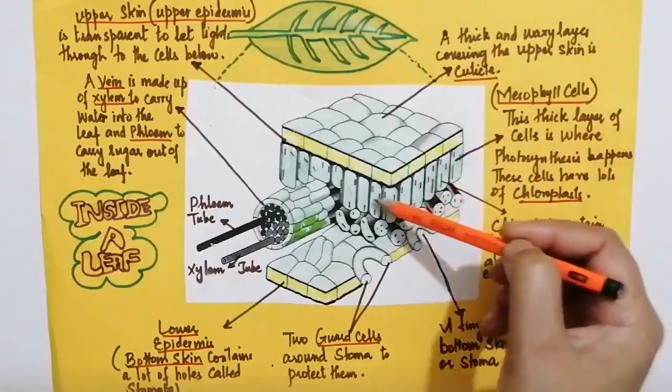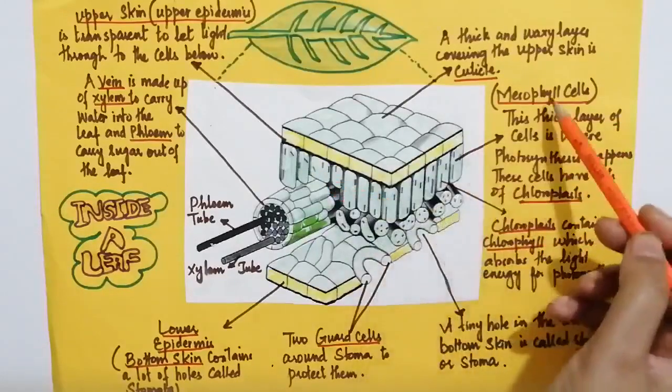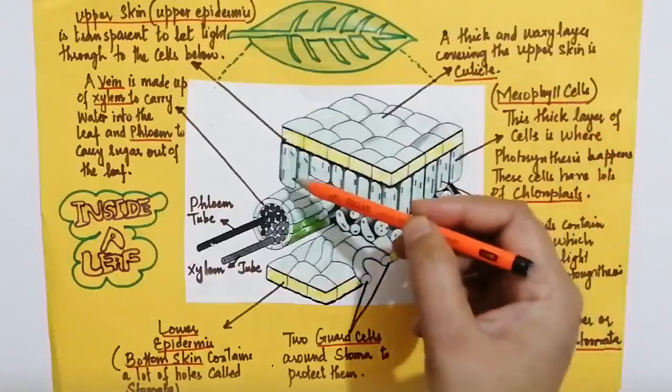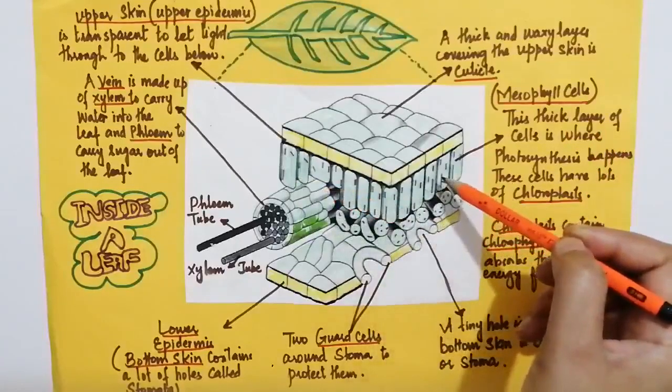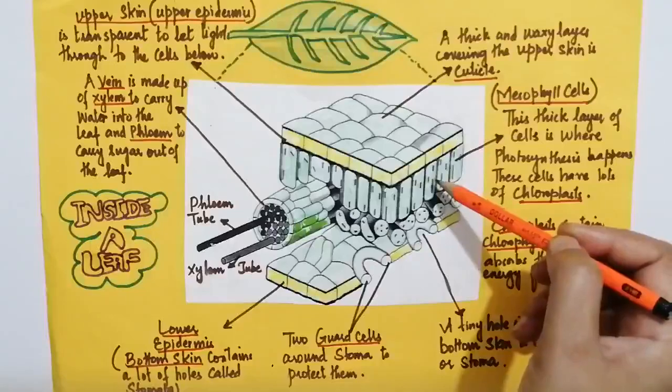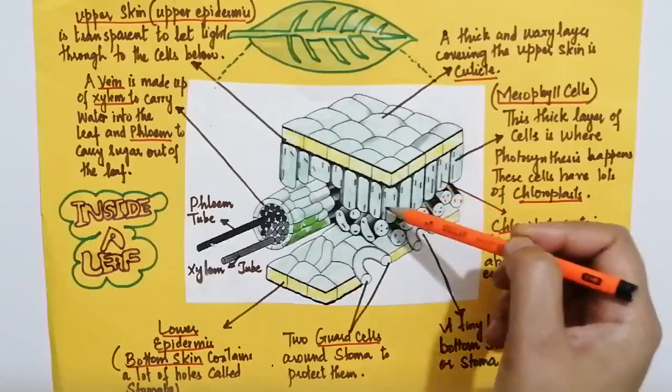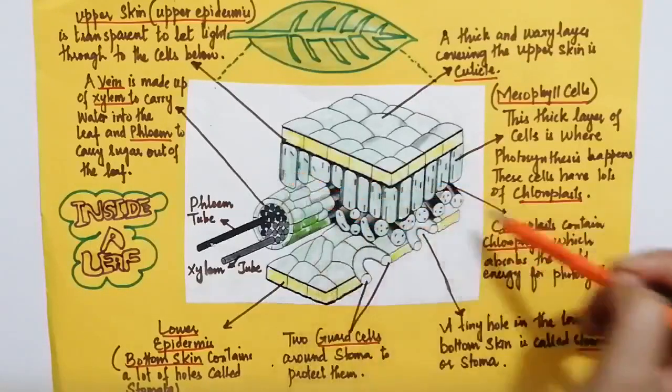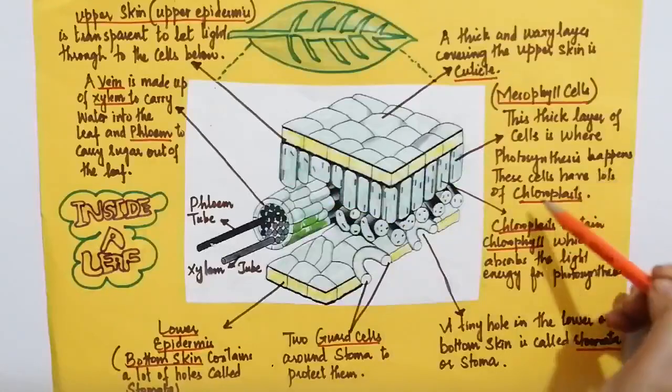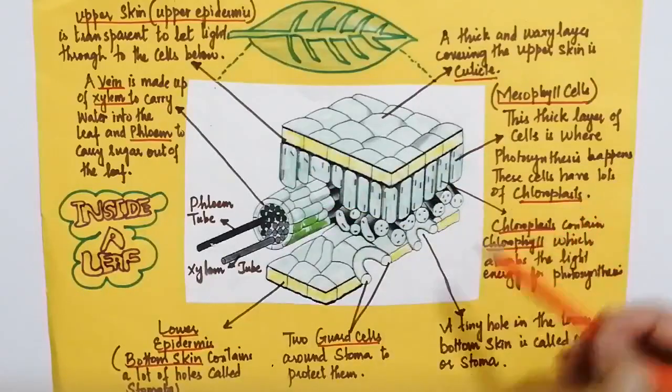These elongated cells here are called mesophyll cells because this thick layer of cells is actually responsible for photosynthesis. And here you can say that photosynthesis happens, and these cells have lots of chloroplast as well.